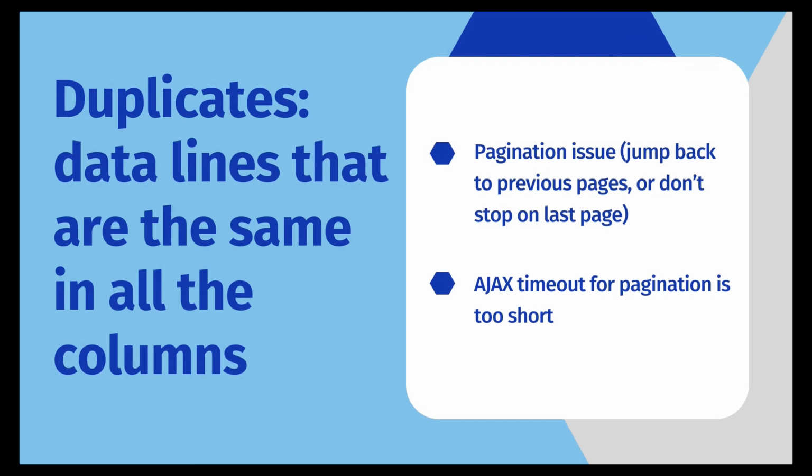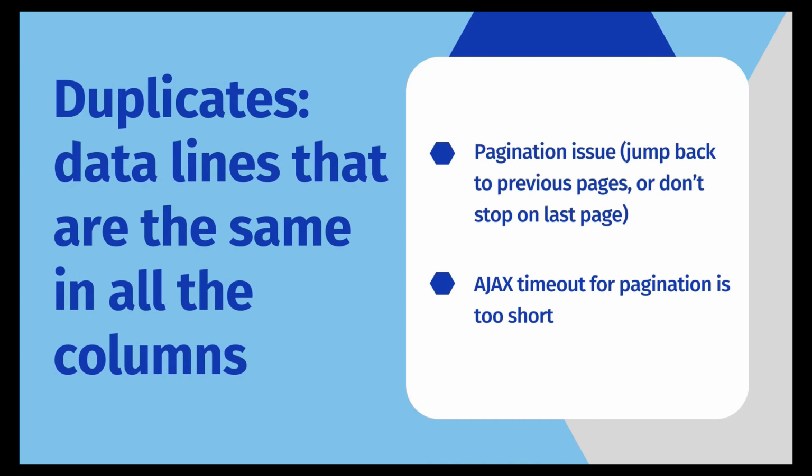Firstly, it is possible that pagination has something wrong. In some cases, the pagination might locate the previous page button during the scraping process, so it scrapes the data that has been captured again. Or the pagination still locates the next button on the last page and keeps scraping the last page data.